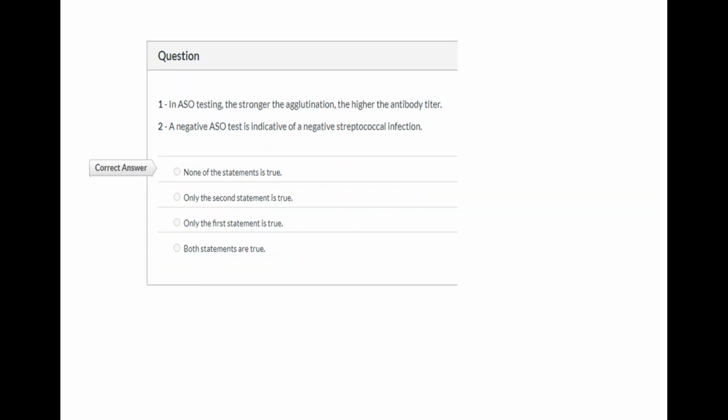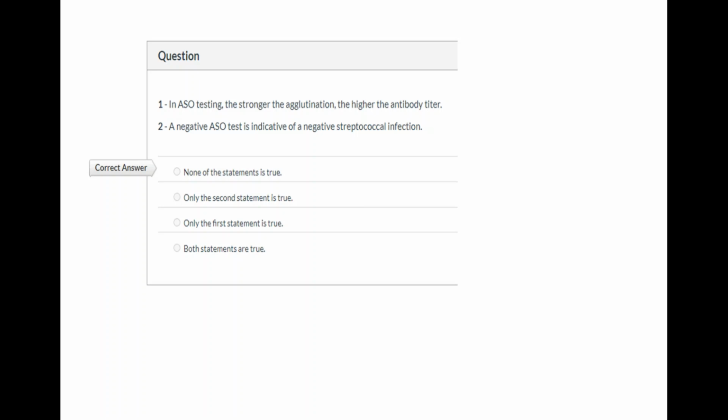In ASO testing, the stronger the agglutination, the higher the antibody titer. A negative ASO testing is indicative of a negative streptococcal infection. Okay, for the second statement, as I have mentioned earlier, there is about a 15 to 20% chance of a false negative reaction.